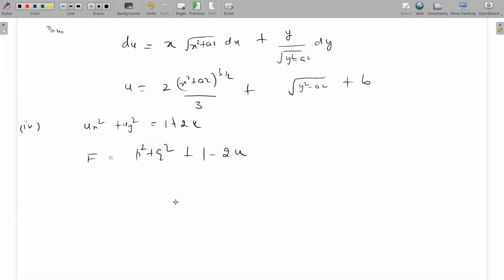An equation involving only u, p and q. So in that case, an equation only involving u, p and q, we take p equals a times q.